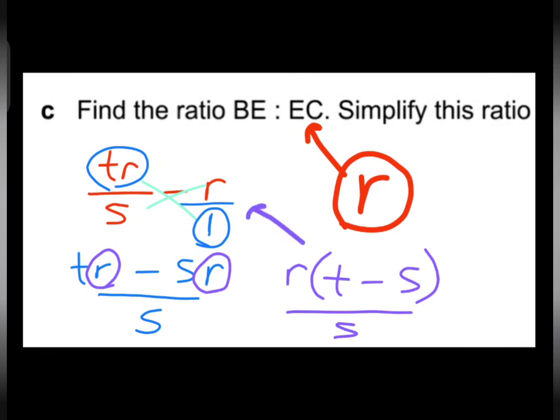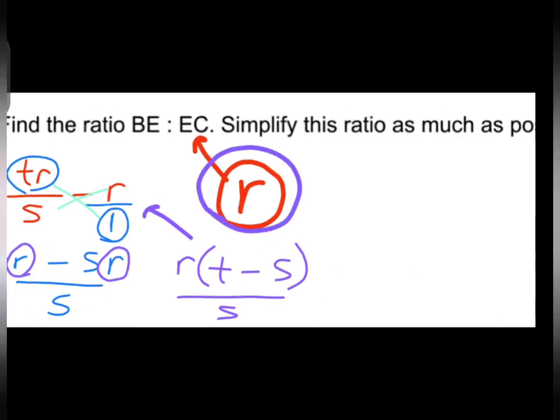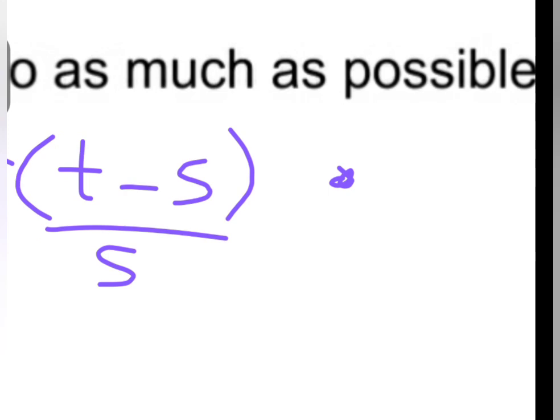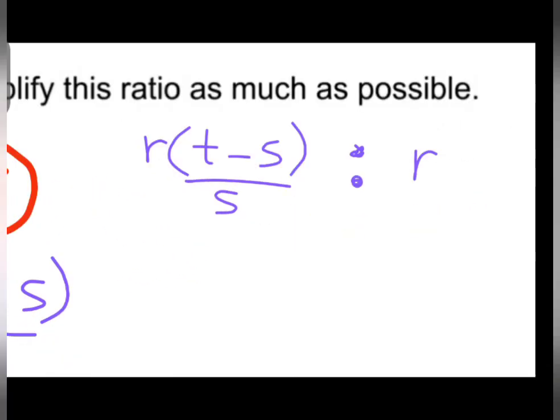Now, after finding the simplest form for this one, we want to put it with the ratio R. Now, we will put this like this. So R multiplied by S, R multiplied by T minus S divided by S, and then the 2 points of the ratio for R. Now, we can do something here to simplify it more.